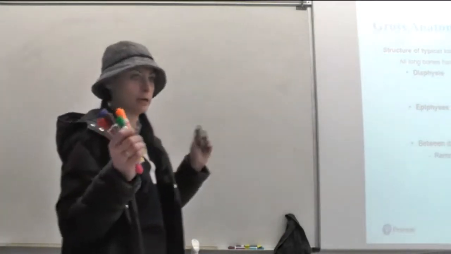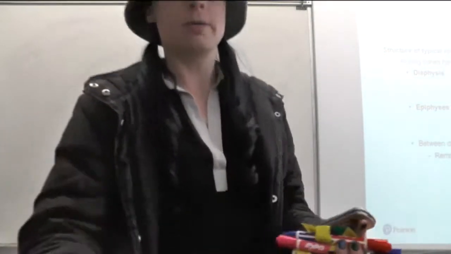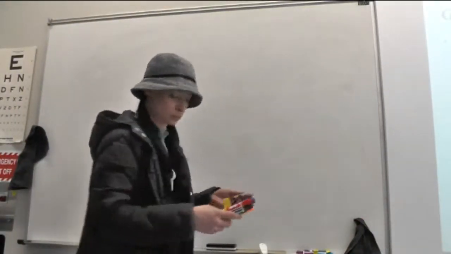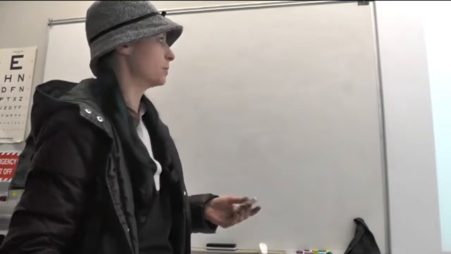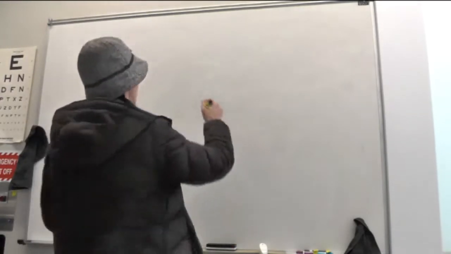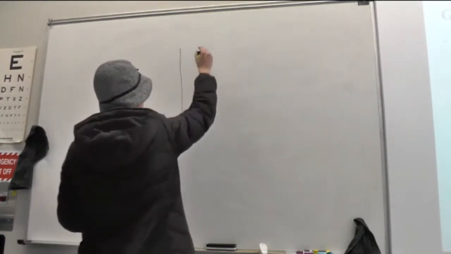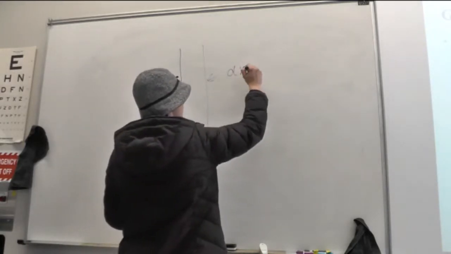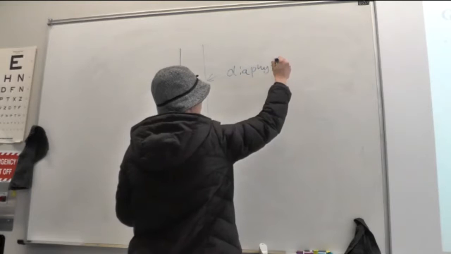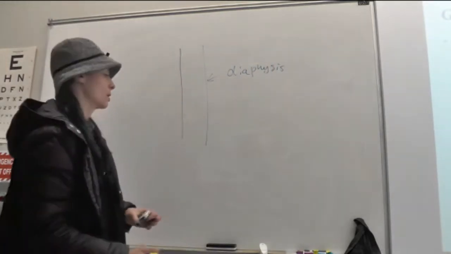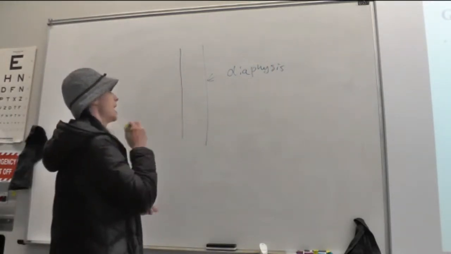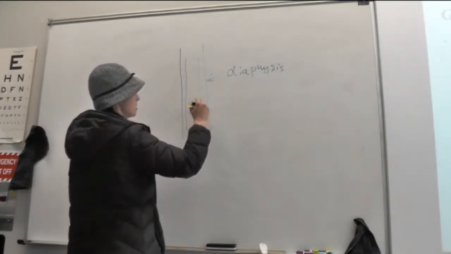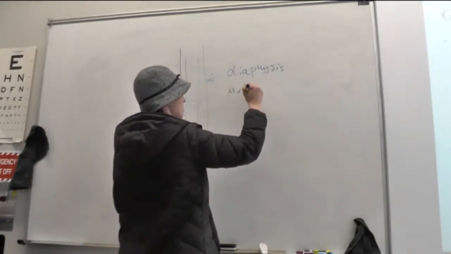So we do need to worry about the gross anatomical structures of a long bone, and we're going to draw a long bone and know what all these parts are. All long bones have a long shaft that we call a diaphysis. So this is the diaphysis, the shaft. And in here we have a cavity called the medullary cavity.